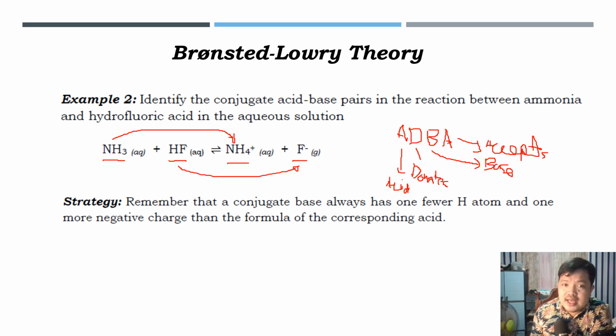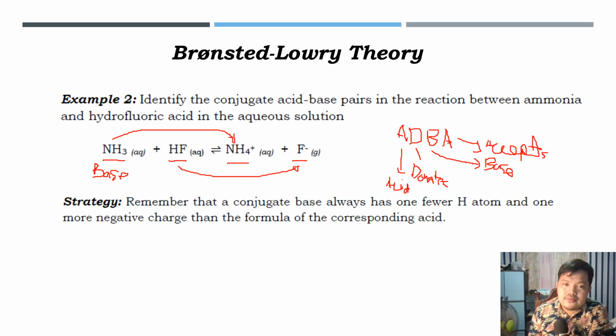Nung nasa other side na siya ng reaction, nadagdagan siya ng hydrogen. Meaning to say, nag-donate ba siya or nag-accept? Kung sinabi mo nag-accept siya, tama ka. Ibig sabihin, ang NH3 natin, since nag-accept siya ng proton, ito yung base natin. Kasi nag-accept siya, hindi naman siya nag-donate.